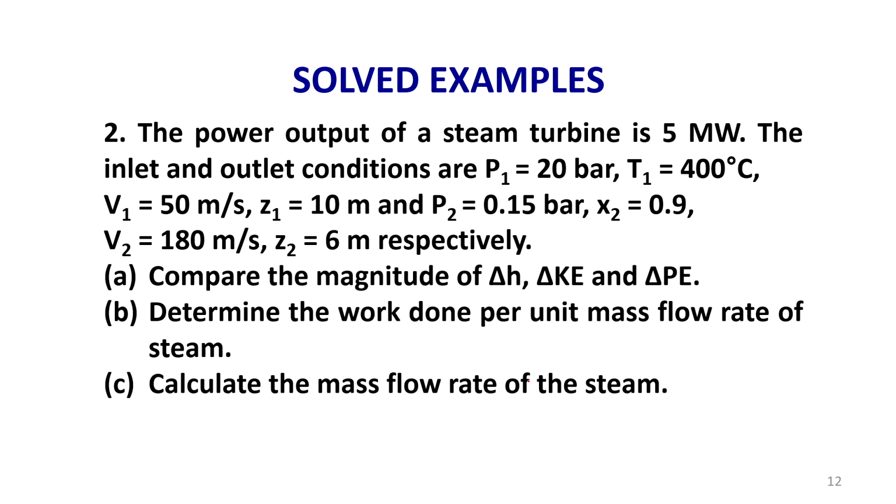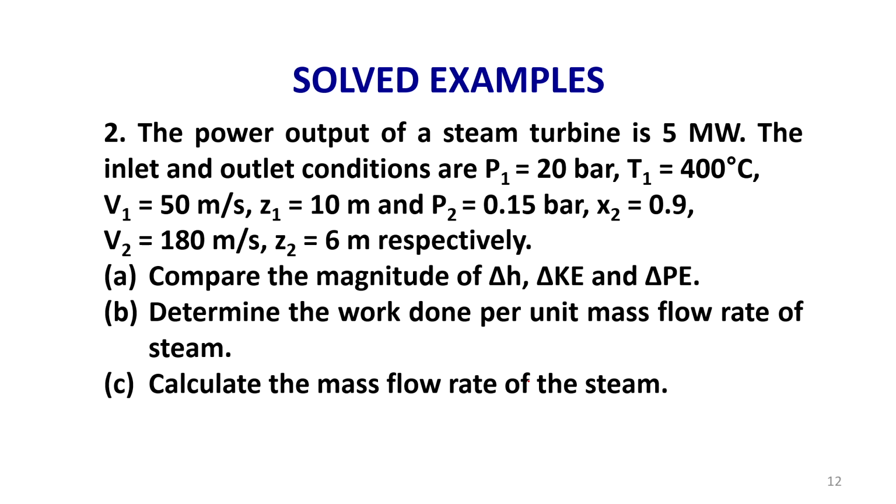The power output of a steam turbine is 5 megawatt. The inlet and outlet conditions are: inlet pressure is 20 bar and inlet temperature is 400 degree centigrade. Initial velocity is given as 50 meter per second. The datum height Z1 is 10 meter and the exit pressure is 0.15 bar.